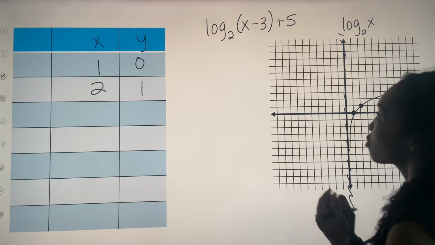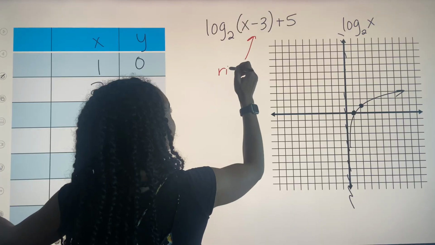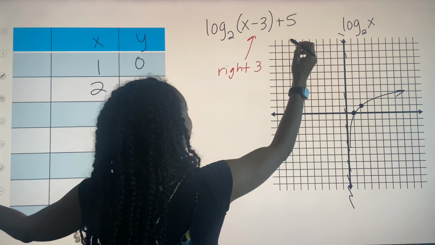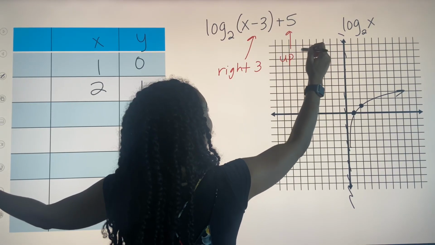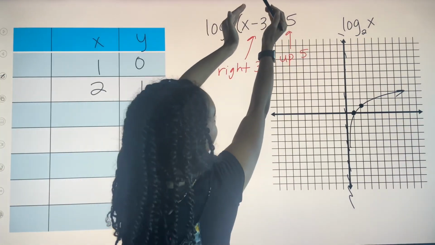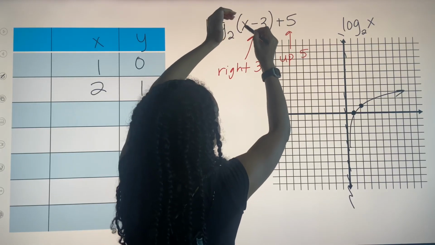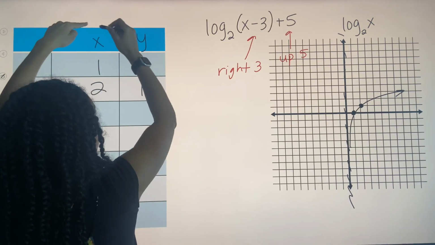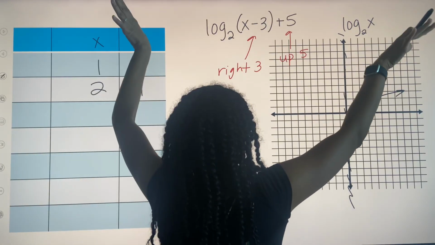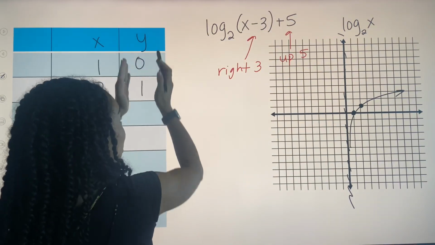Okay, now the transformation here is it went to the right 3 and it went up 5. It's always the opposite inside of the parentheses, okay? Whatever is inside of here with x affects the x column. Whatever is outside of the parentheses, such as the 5, will affect your y column.